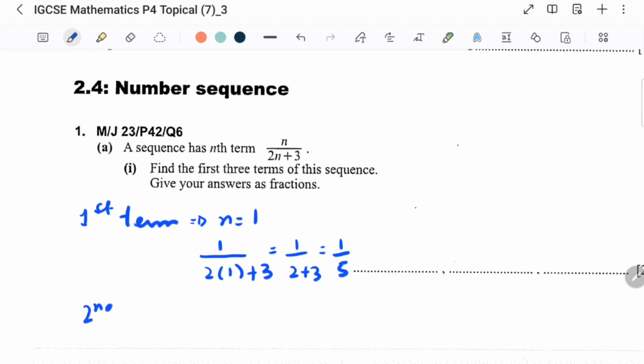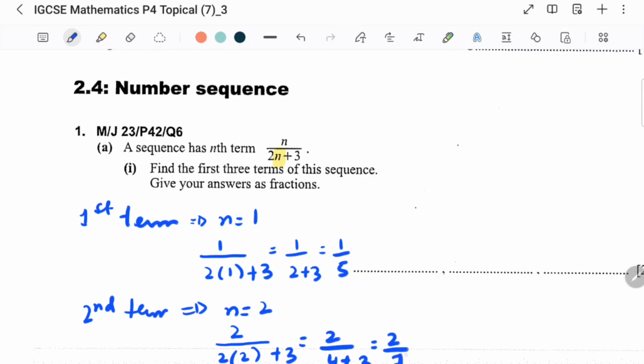Now the second term, whenever n is 2, that will be 2 upon 2 times 2 plus 3. Wherever you see n, you just replace it with the number of the term you are going to find. So that is 2 upon 4 plus 3, which is equal to 2 upon 7.